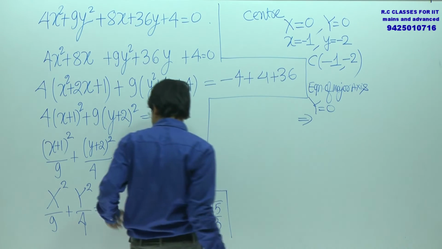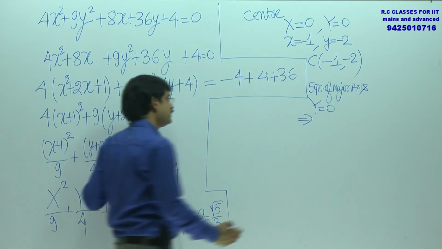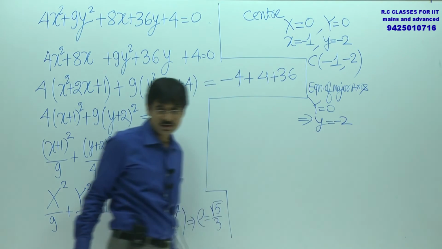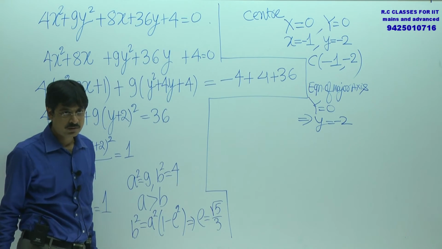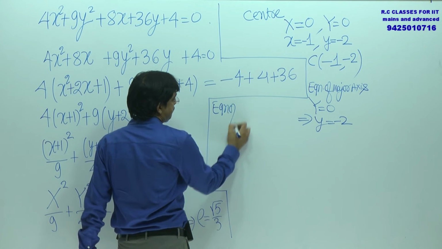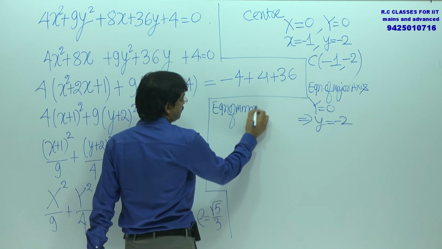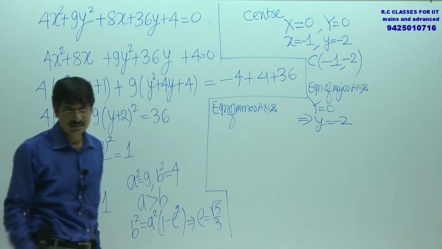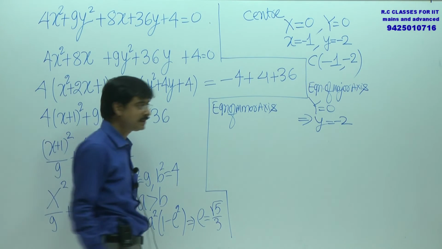So capital Y is equals to 0, so y + 2 equals to 0, y equal to -2, right? Similarly, equation of minor axis is y axis, for y axis capital X is 0.